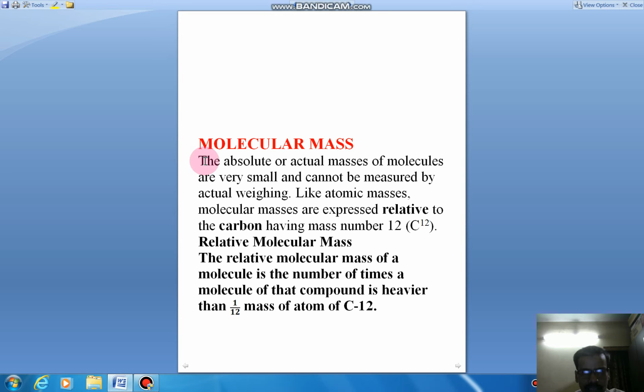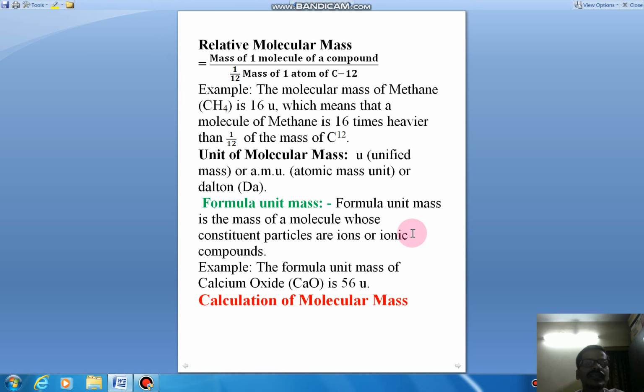substances, other standard substances. So the relative molecular mass of a molecule is the number of times a molecule of that compound is heavier than 1 by 12th mass of carbon 12. We can find its mathematical formula. Relative molecular mass equals the mass of one molecule of a compound divided by 1 by 12 mass of one atom of carbon 12.